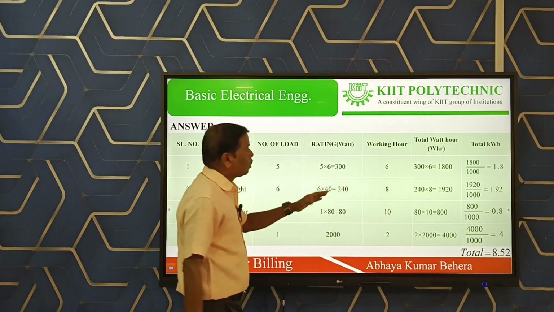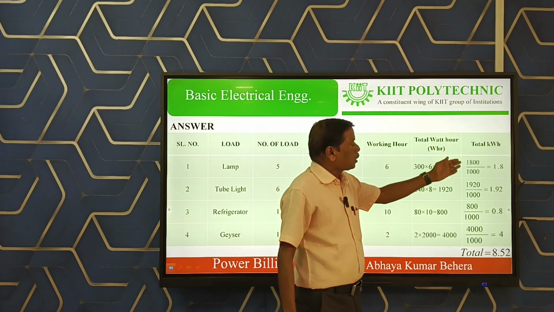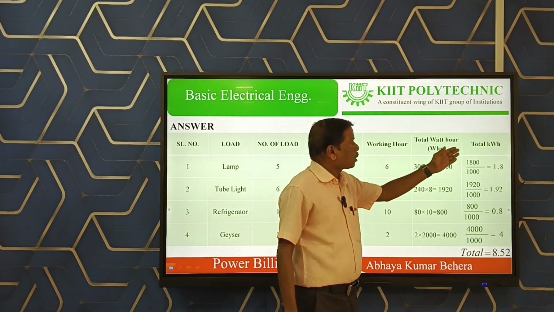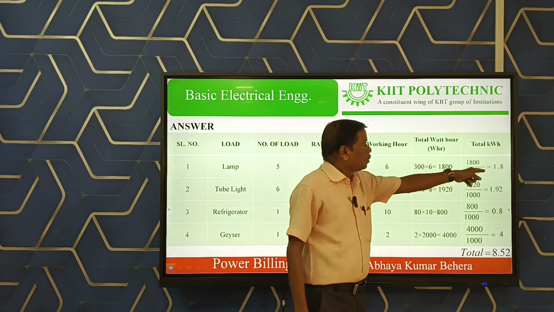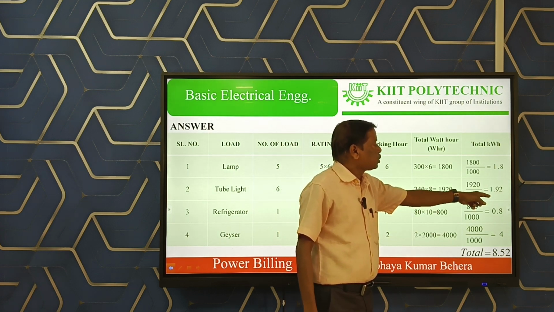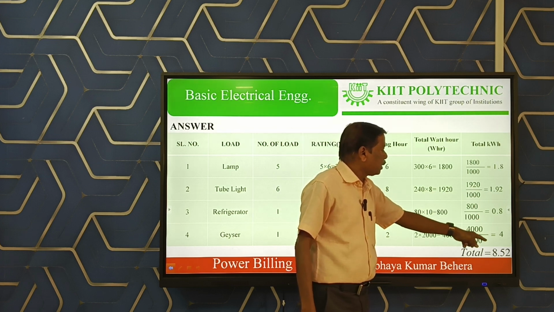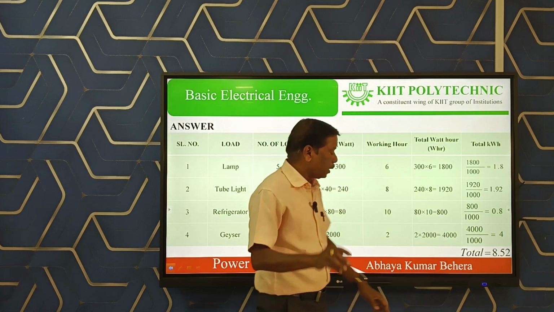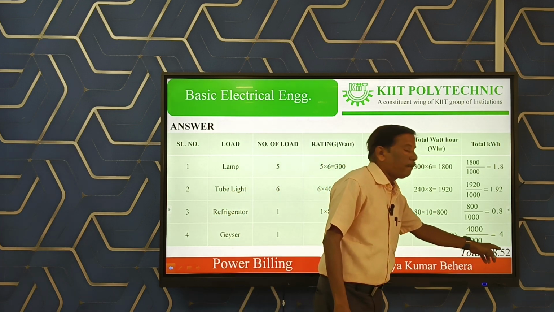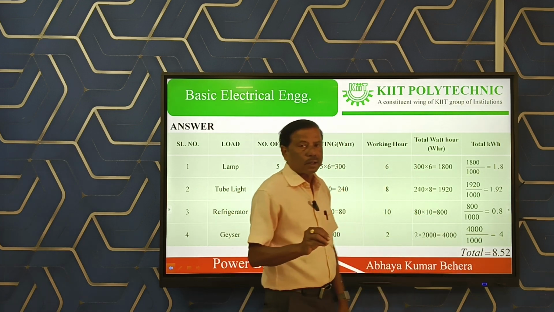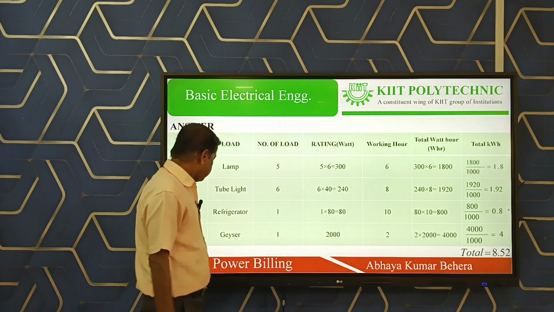So here we have calculated per day the electrical energy consumed by each load. The lamp is 1.8, this is 1.92, this is 0.8, this is 4 per day. So total per day 8.52 kilowatt hour energy is consumed.